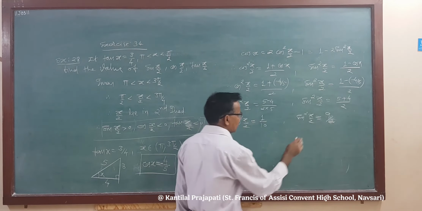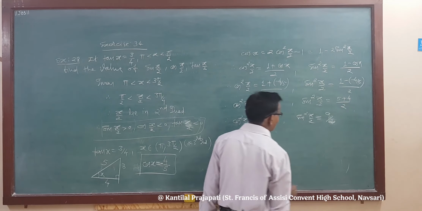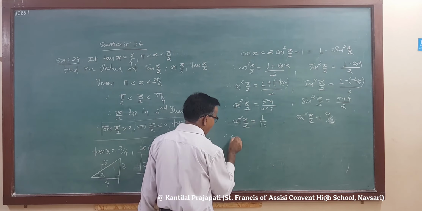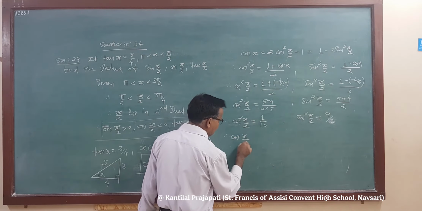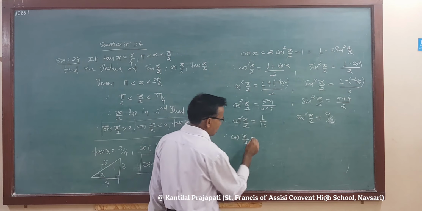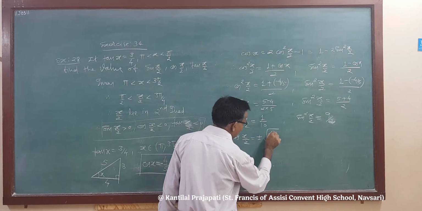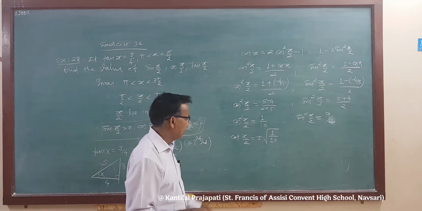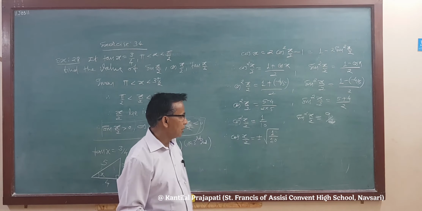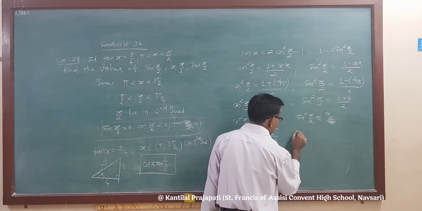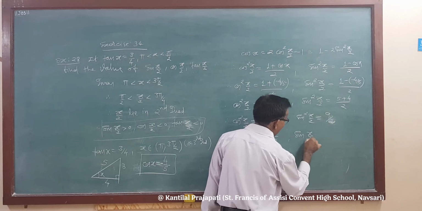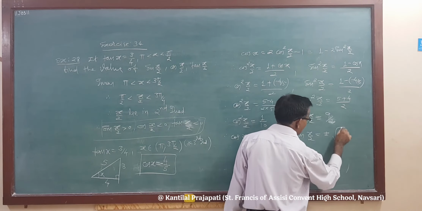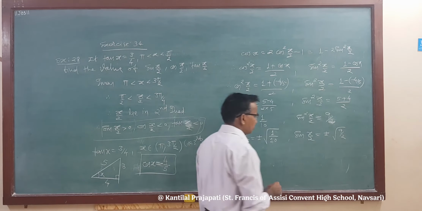So therefore cos x by 2 is what? Plus or minus square root of 1 upon 10. Similarly here, sin x by 2 is plus or minus root 9 by 2.